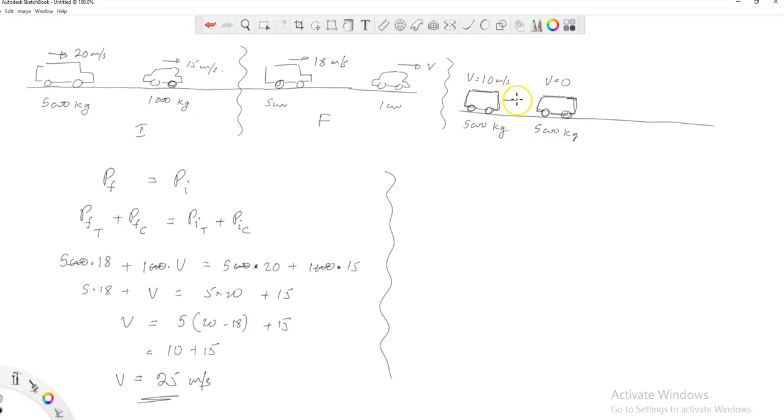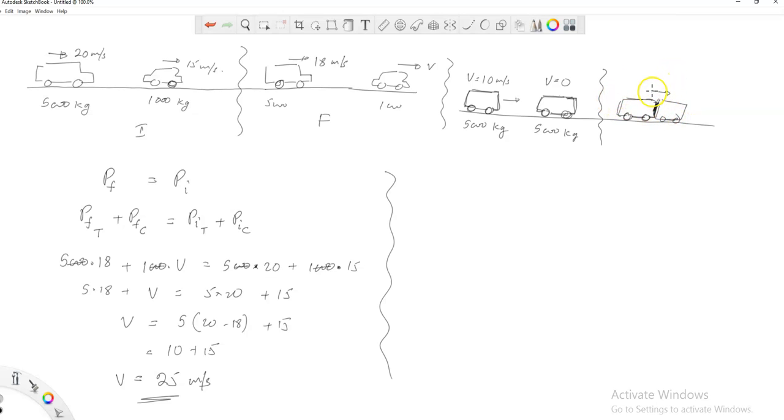So this is coming towards the stationary one, and it's going to collide. And after the collision, let's say the two cars get locked to each other, and they're going to move as a single entity. Right now they get locked. This is something they do actually to connect railroad cars one to the other.